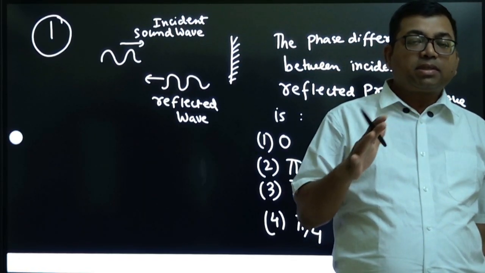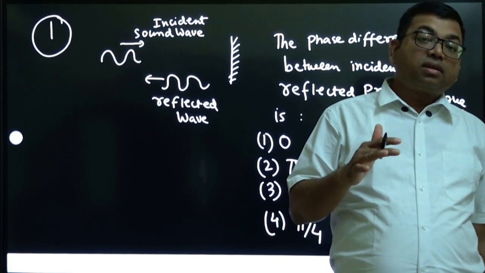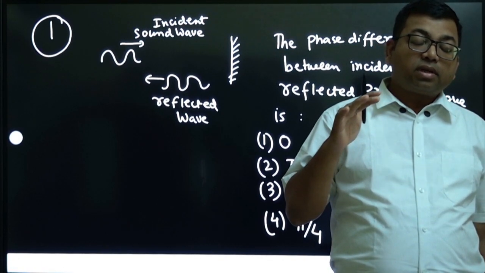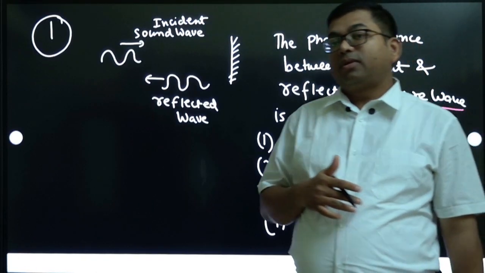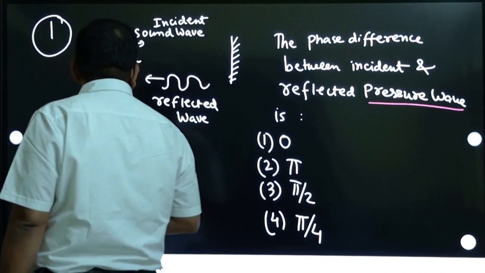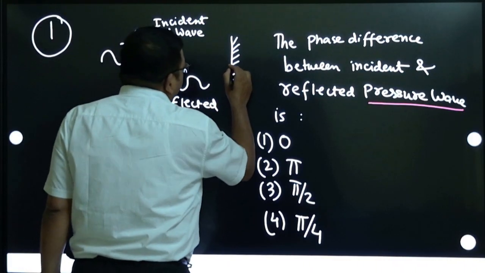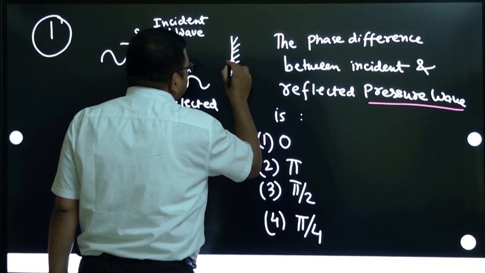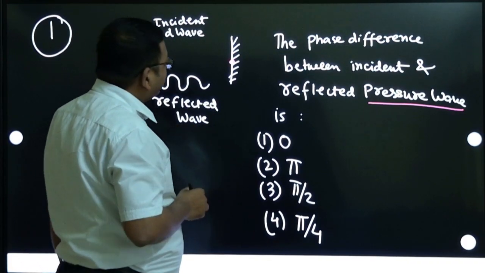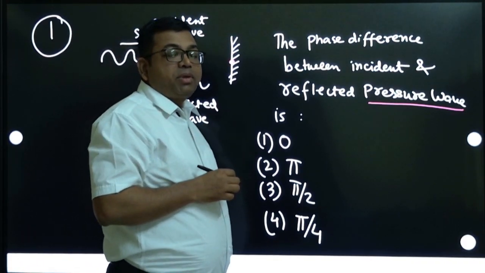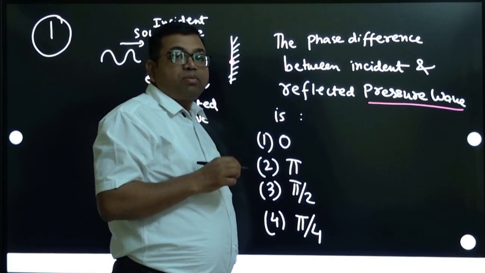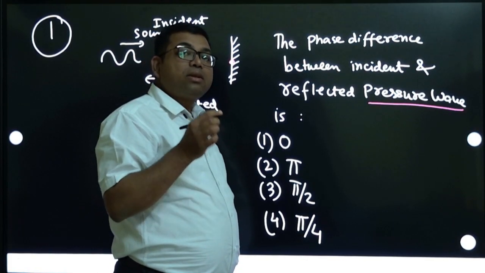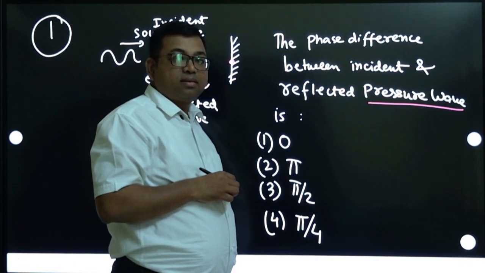What does that mean? Generally when we take the wall, we take it as a rigid point. Rigid point means the displacement will not happen. That means there is a node there. Correct?